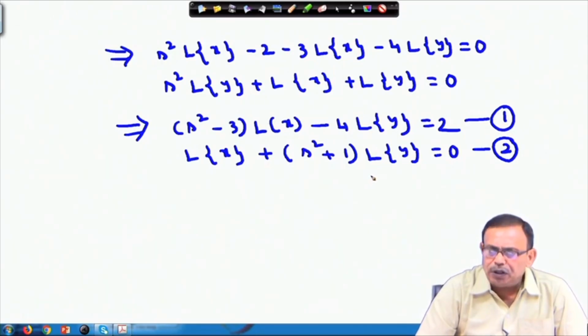So, by solving these two simultaneous algebraic equations, very easily I can find out the Laplace transform of x and the Laplace transform of y as functions of s.